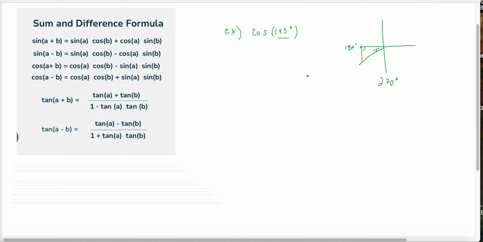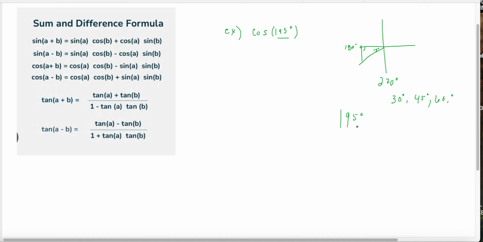I think sometimes the hardest part is figuring out how I want to break up 195 degrees. Because we want to break up 195 degrees using angles that we already know, so using the 30, 45, 60, 90, and anything that would have a reference angle of those to come up with 195.